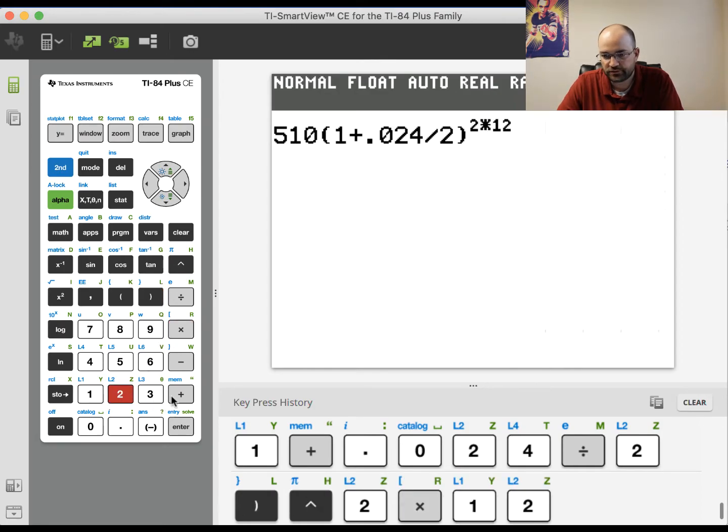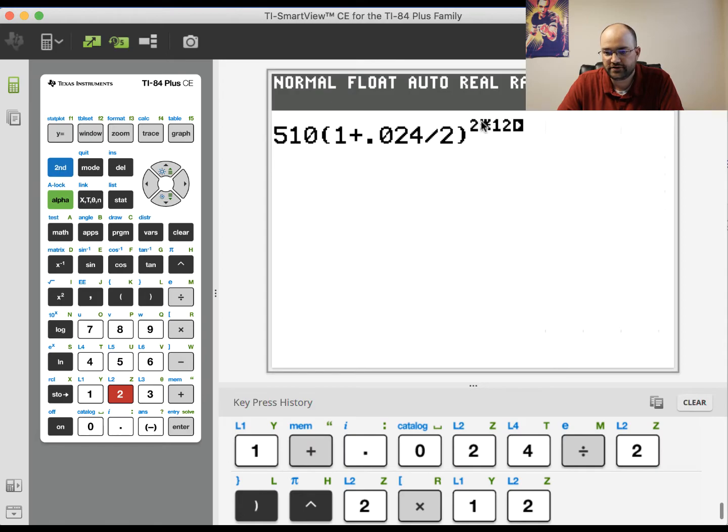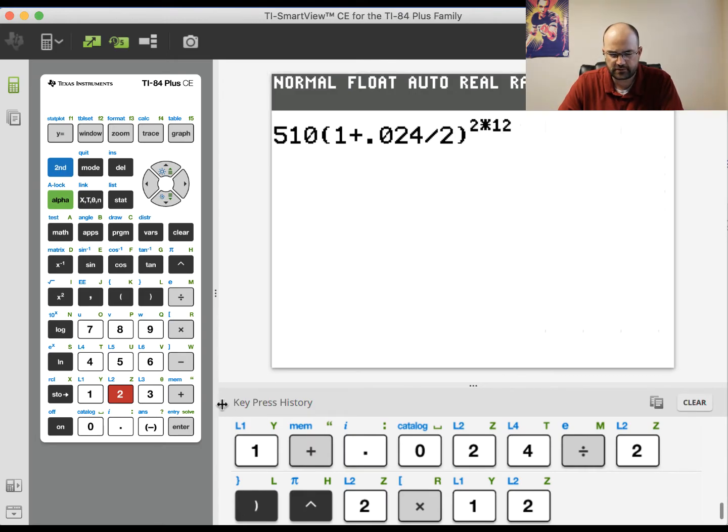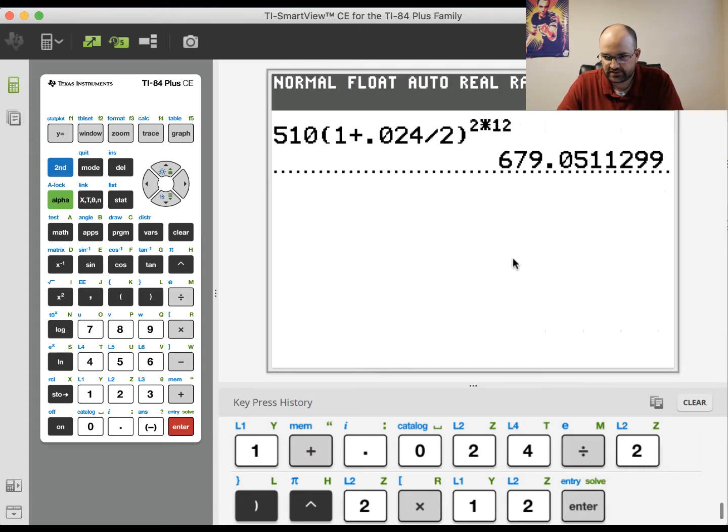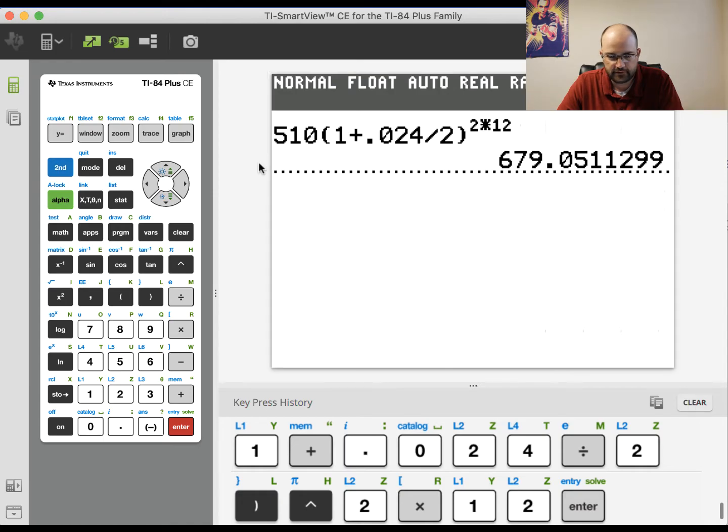Now, if your calculator doesn't have the exponent, at least make sure you're not typing it in the exponent like this, make sure that you use a parentheses around that. Otherwise, it kind of does weird stuff. And there you go. You'd get 679.05.